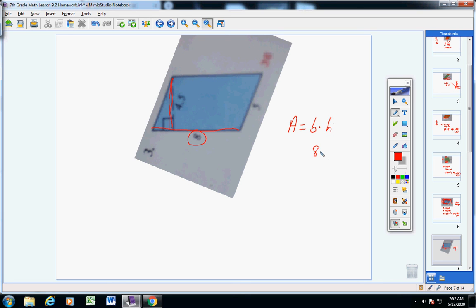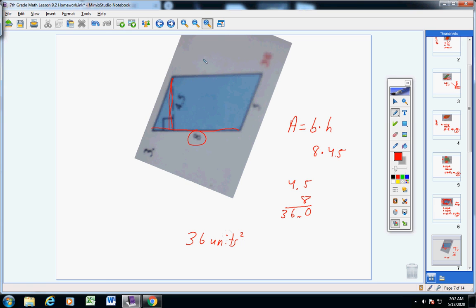So I have 8 times 4.5, which would give me 40, carry your 4, 20, go over 1 decimal place. And no, that's incorrect. Sorry about that. 40, carry your 4, 32, 36, 36.0. So the answer is 36 units squared.